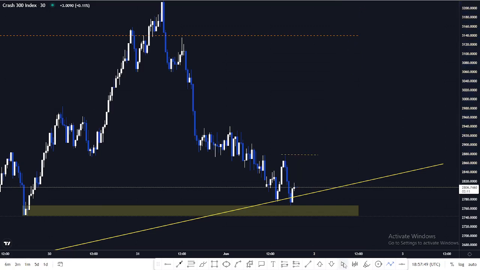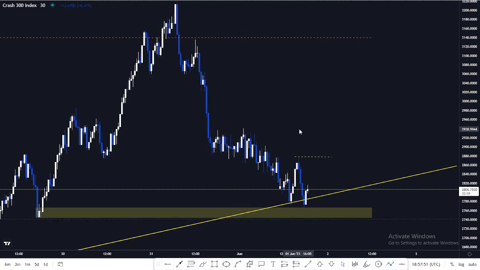So guys, our strategy is so diverse, it's very accurate, works on Crash and Boom, works on currencies, works on Nasdaq, US 30, works on any pair, whether you're trading crypto, stocks, or futures, whatever you're trading. Our strategy works on any pair, because it shows you the effect of the institutions on retail traders.